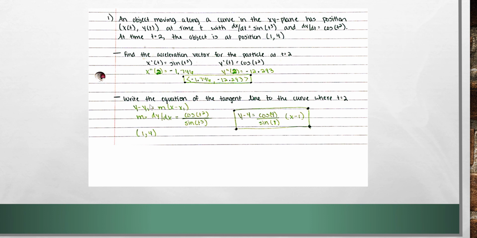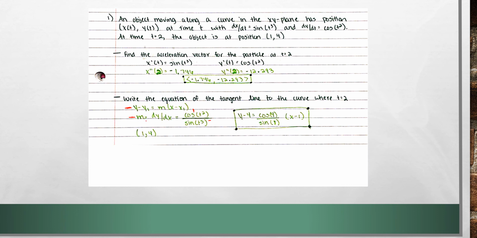So when we have all of our information, we have the point slope formula, y minus y1 equals m times x minus x1. And we know that our m is going to equal cosine t squared over sine t cubed, because that's dy divided by dx.